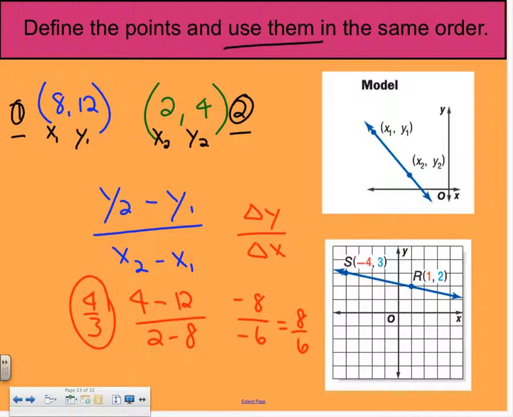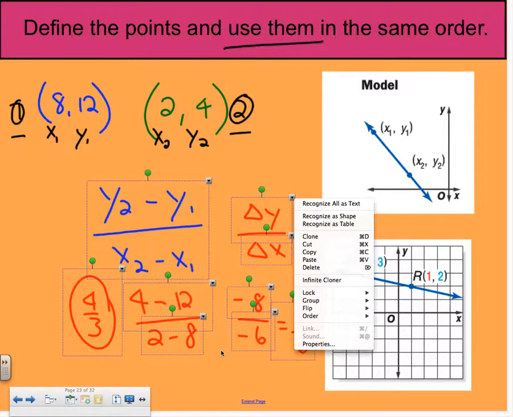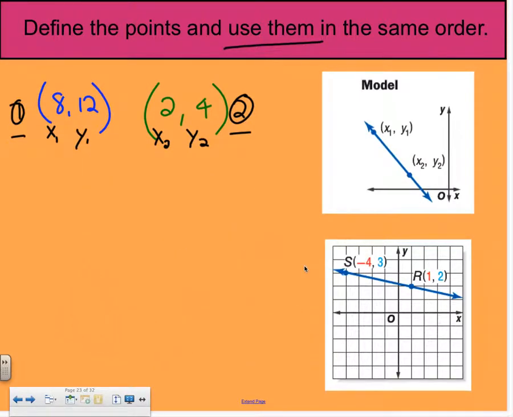Now, here's the other one I want to show you. Let me move this to the side. Okay, so that was the slope formula. Most of you are experts at finding constant rate of change or slope from a table. Well, check this out. If I take this one, and then I take the other point, and I just slide it right underneath it, what have I made?